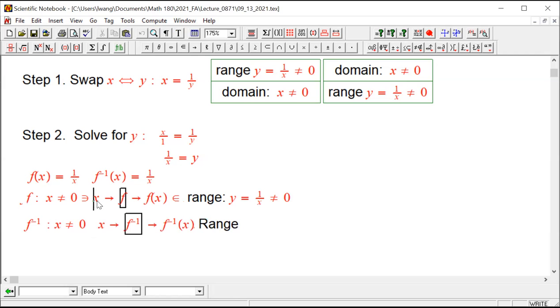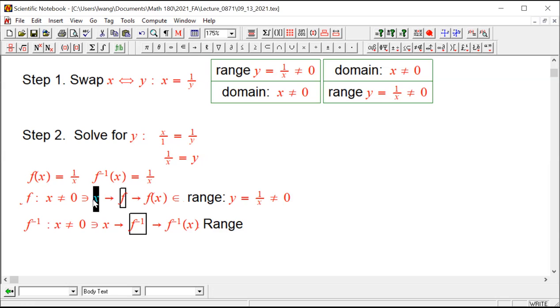Then you say, hey, this is x and this is x. Are they the same thing? They're different. Even though they have the same name, they belong to different categories.